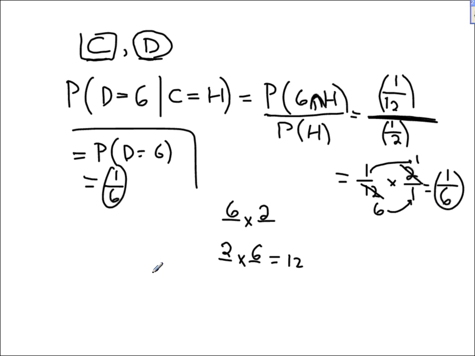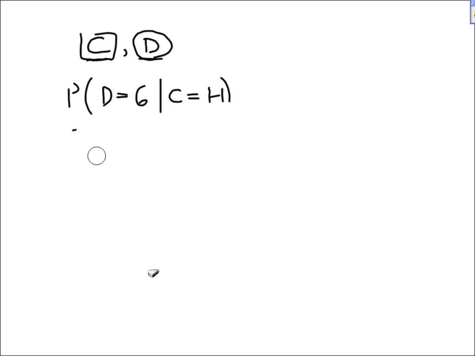They are independent. Now, let us show this using the definition of independent.